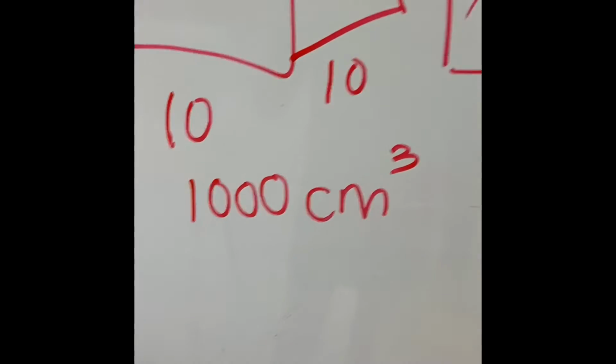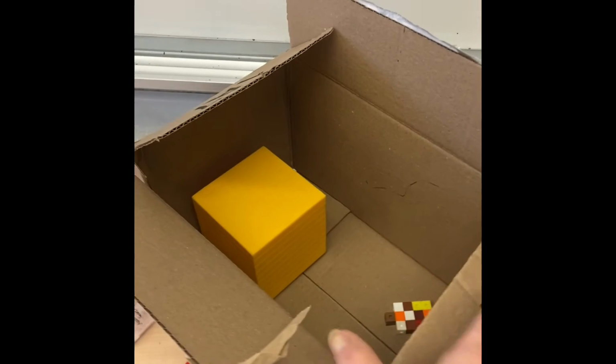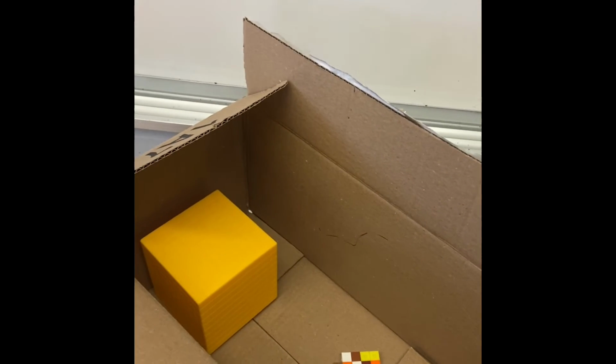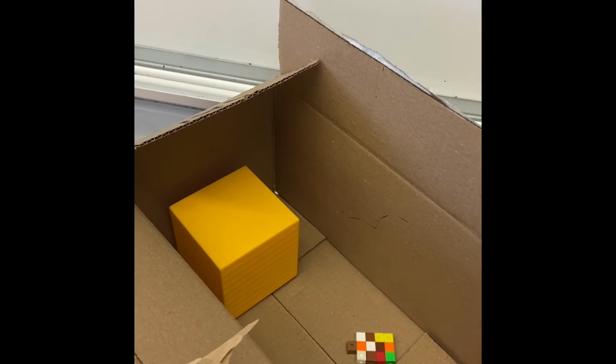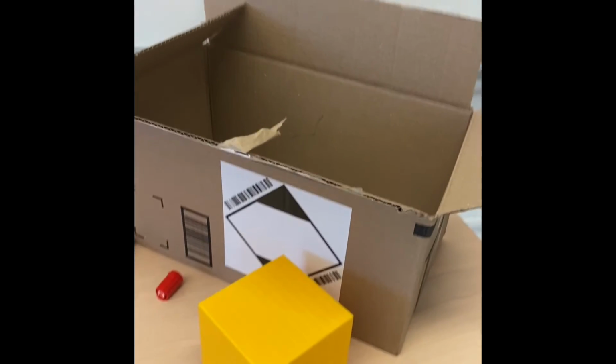And I looked at my box, and I looked at the big cube, and I put it in, and what I realized is that my box has much more empty space than just 1,000 centimeters cubed. It's much bigger than just 1,000.